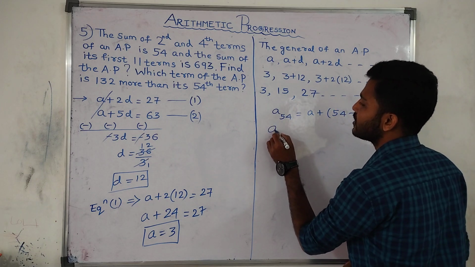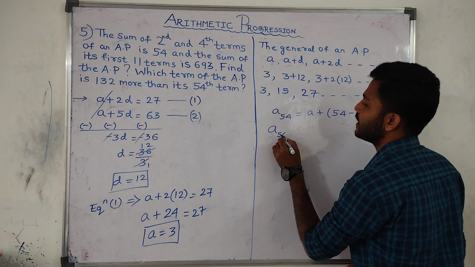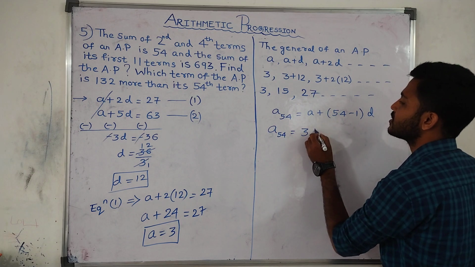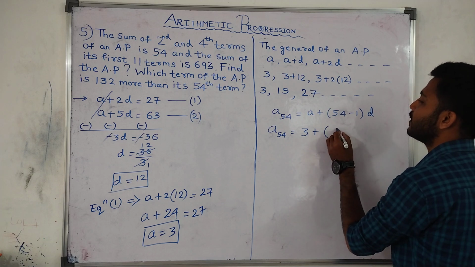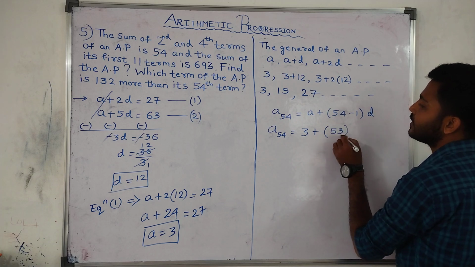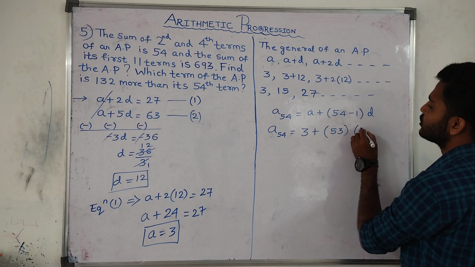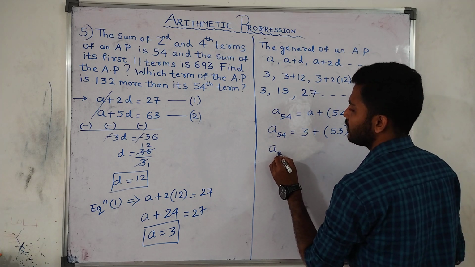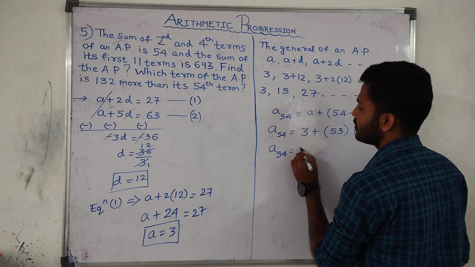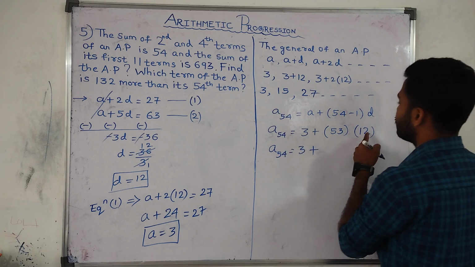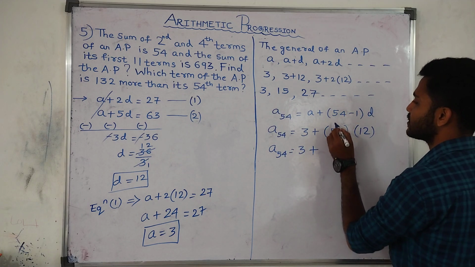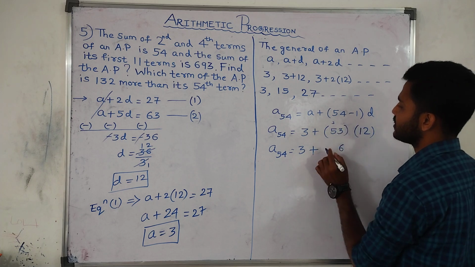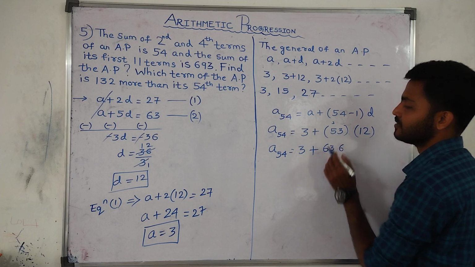So now we have just substituted 54 wherever n is there. The A value is known. This is 3. Then 54 minus 1 is 53. The D value is also known. It is going to be 12. So now let us multiply 53 by 12. 12 times 3 is 36. 3 gets carried. 12 times 5 is 60. 60 plus 3 is 63.